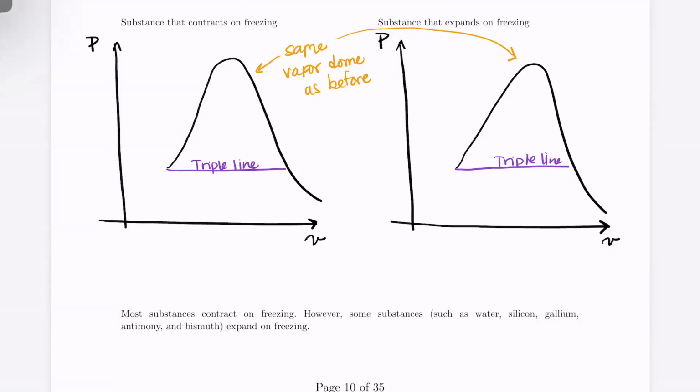Under our dome, we still have liquid and vapor. And then under this triple line, we have solid and vapor.